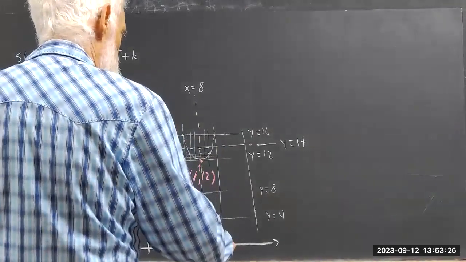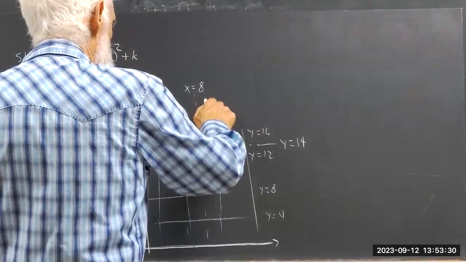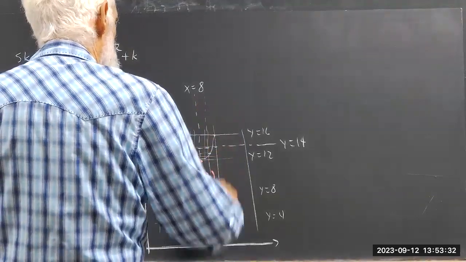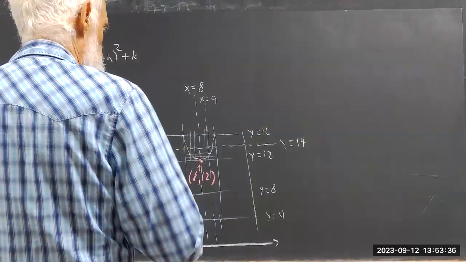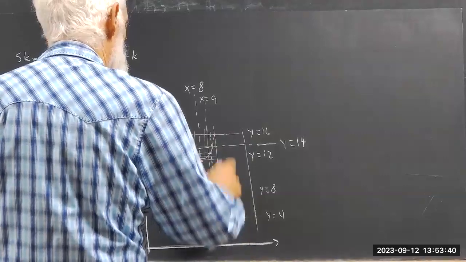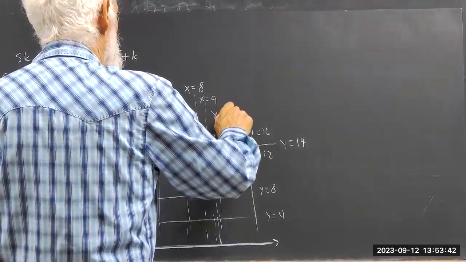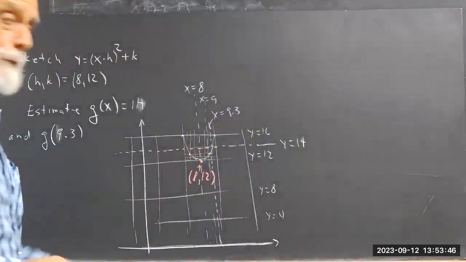Well, draw the line y equals 9.3. Here, or x. Here's x equals 8. Here's x equals 9. And let's say here's x equals 9.3. Here we estimate the points. Okay.